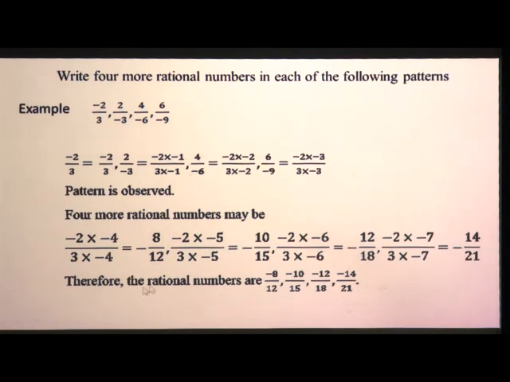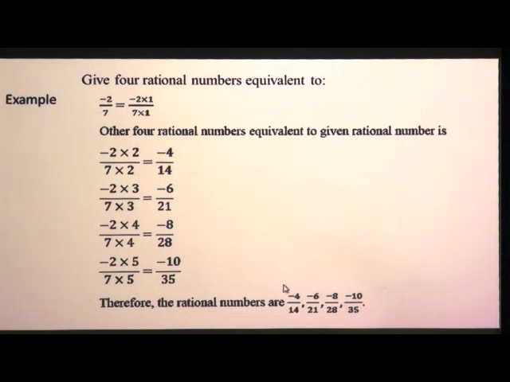Therefore, the rational numbers are minus 8 upon 12, minus 10 upon 15, minus 12 upon 18, minus 14 upon 21. These are rational numbers which follow the given pattern, and we can find some more rational numbers by continuing the pattern.